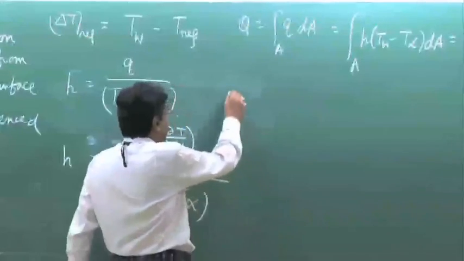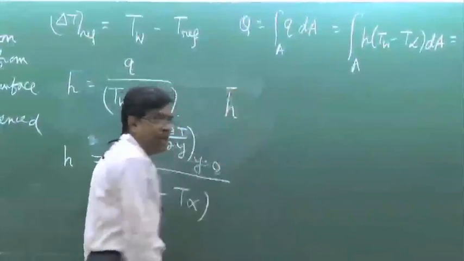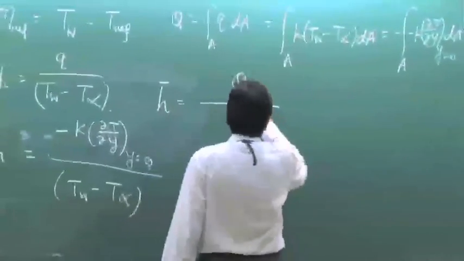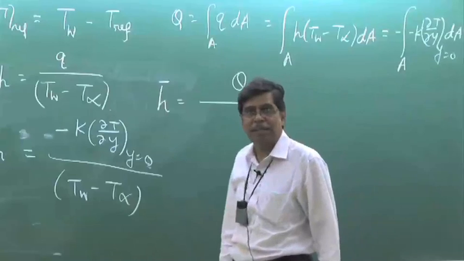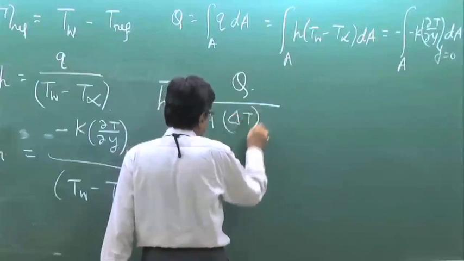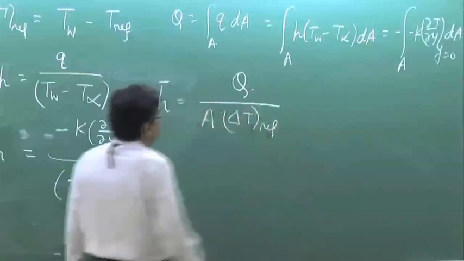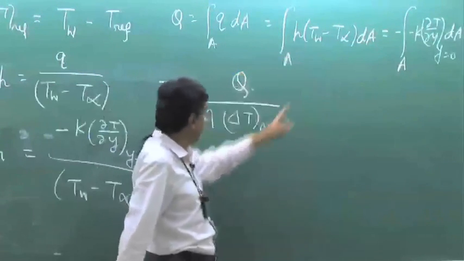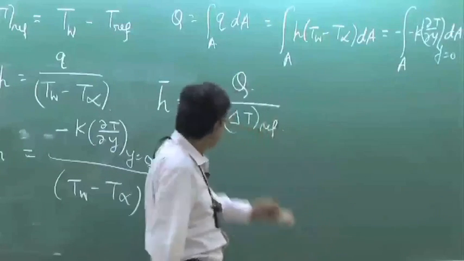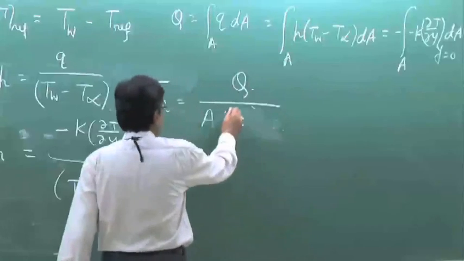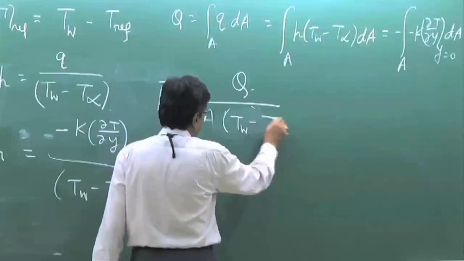So an average heat transfer coefficient over a finite area A is defined as the total rate of heat transfer over the area A divided by A into delta T reference. That means if you put this delta T reference, I will not use it here, this is in general terminology. Here straightforward I write TW minus T infinity.